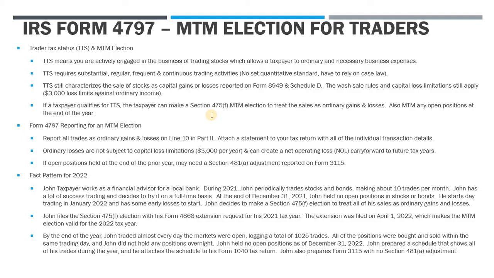So how does this change things from a reporting perspective? Well, if you make this election at the start of the year, all of your trades for that year are going to be treated as ordinary gains and losses, and they're reported on the 4797 line 10 in Part 2. Okay, so you're no longer reporting stuff on the 8949 or Schedule D.